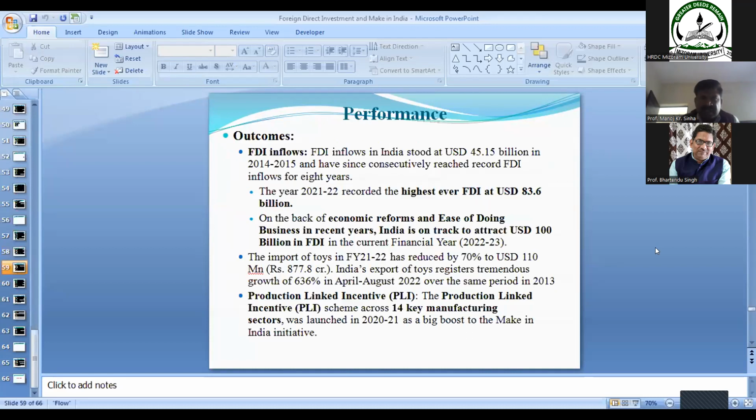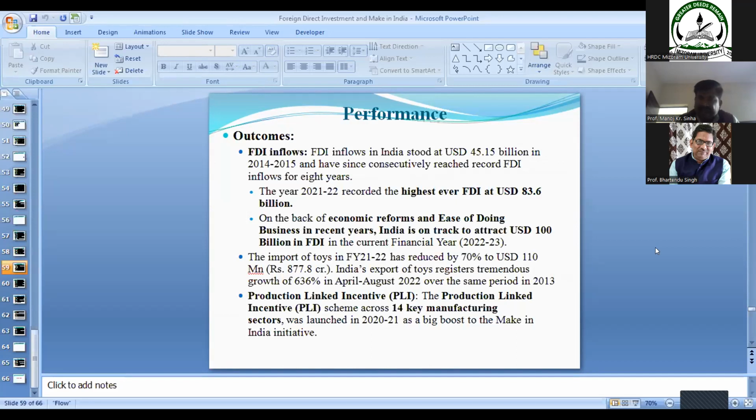It was launched in 2014, so we can see the performance of Make in India in the last 8 years. FDI inflow in 2014-15 was $45.15 billion, which reached $83.6 billion in 2020-21.